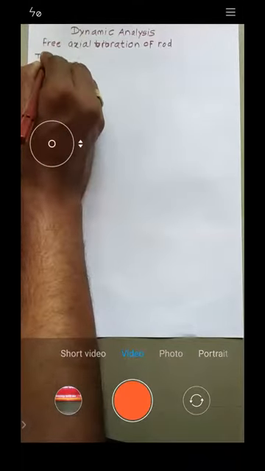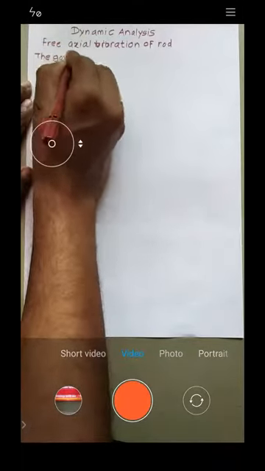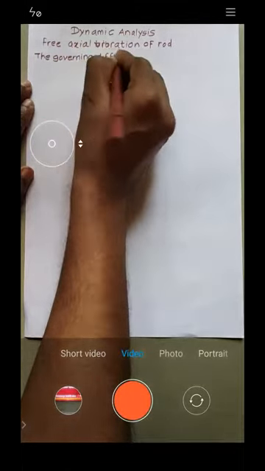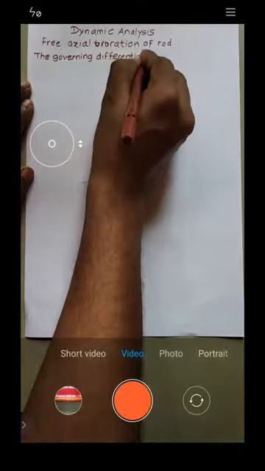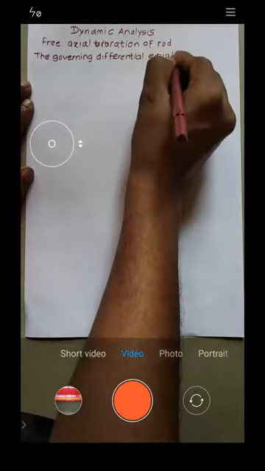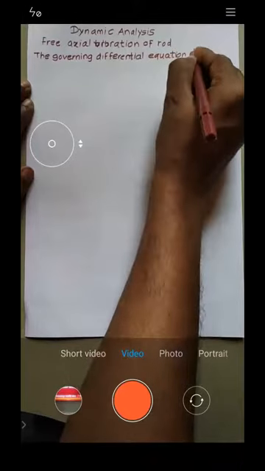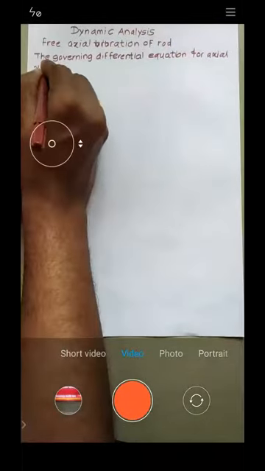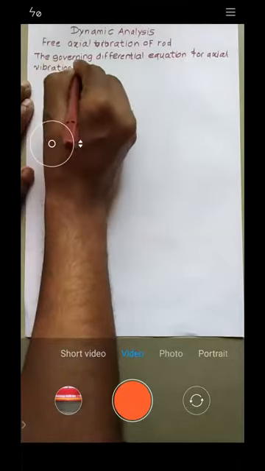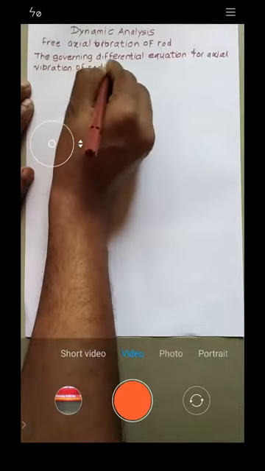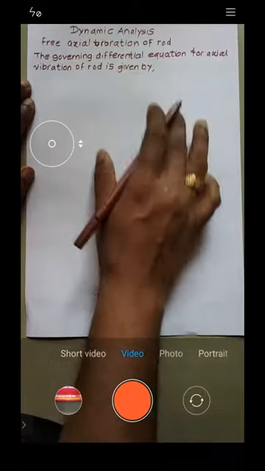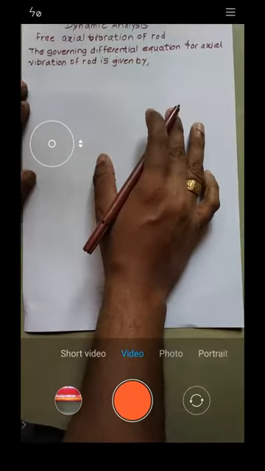So we start. Try to understand the governing differential equation for the axial vibration of the rod.